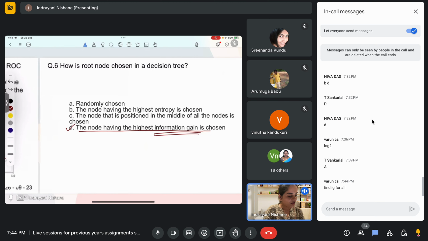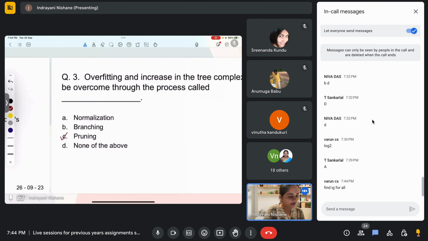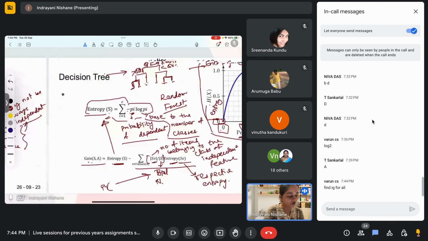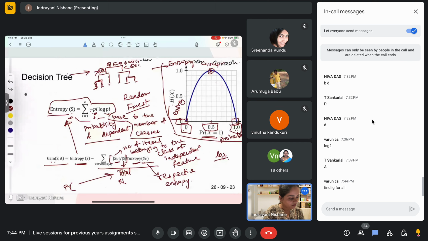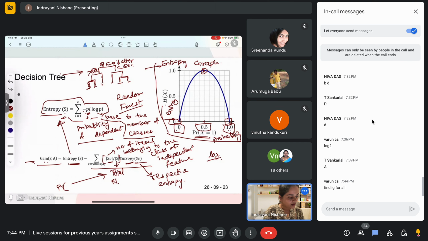If you recall the gain formula, information gain is defined as follows. S is the given entropy, and A is any feature or independent variable.